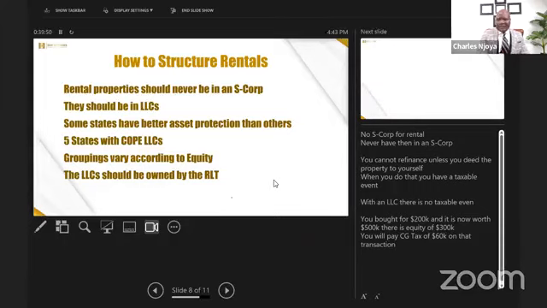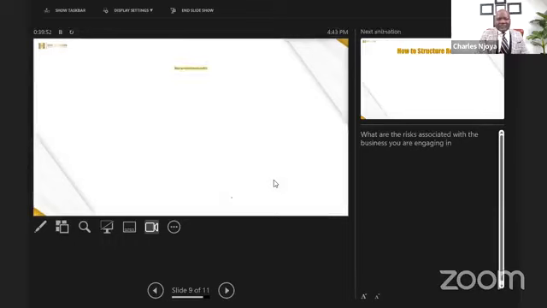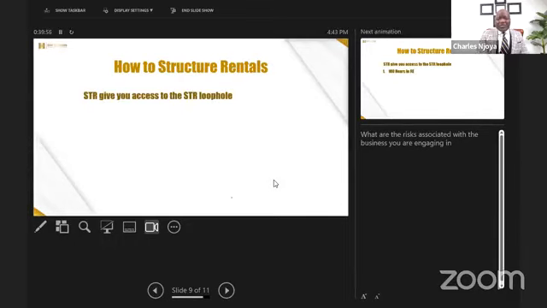So another thing, again, how to structure rentals. This is something that you'll see a lot in terms of taxation. Most of the people who come to me have tax issues, they're paying too much in taxes, and they're trying to look for ways to avoid taxes.